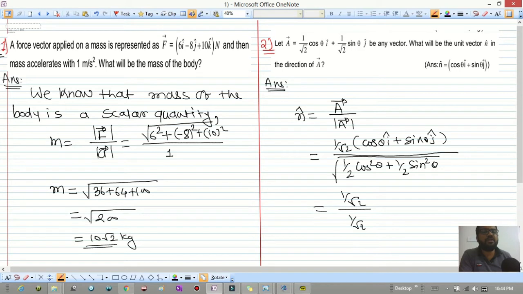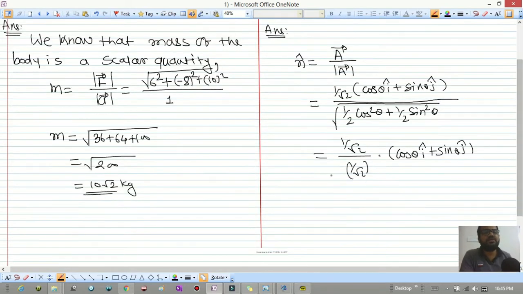So the 1 by root 2 gets cancelled, and we have the answer as cos theta i hat plus sin theta j hat.